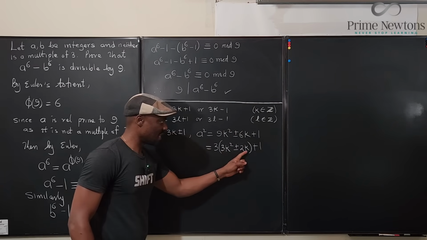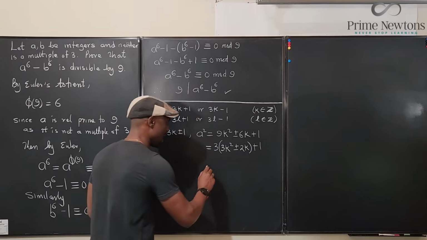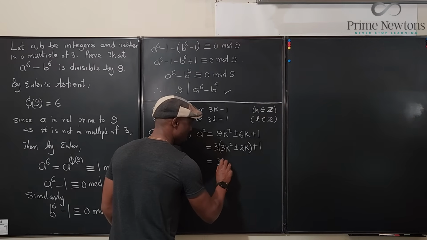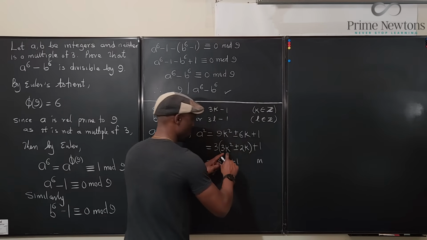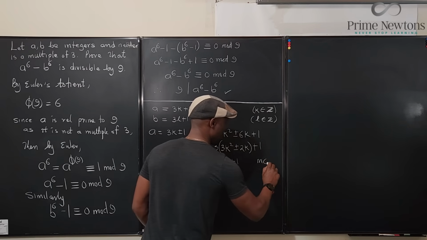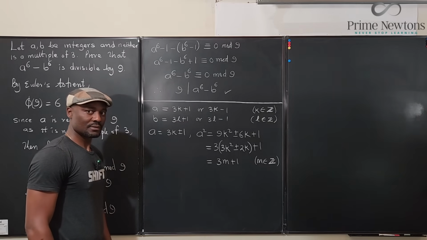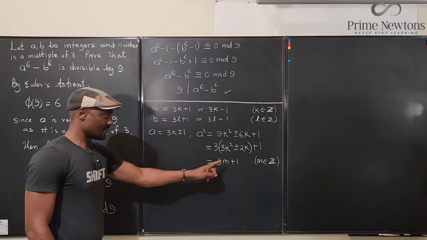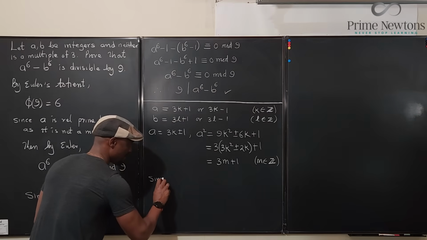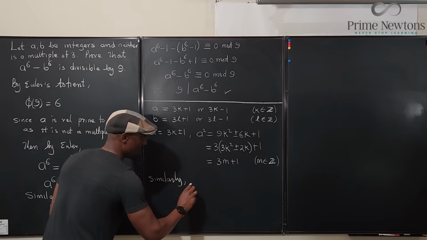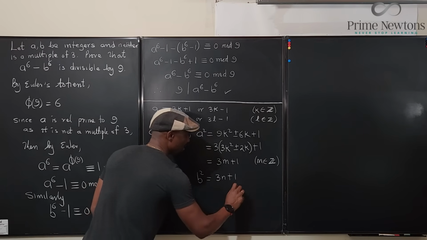Now this is another integer, right? Because it's another integer, I can represent it as, let's say, 3m plus 1, where m is equal to this, okay? Also an integer. M is representing this. I'm not going to write that. Similarly, we can say that b squared is equal to 3n plus 1.